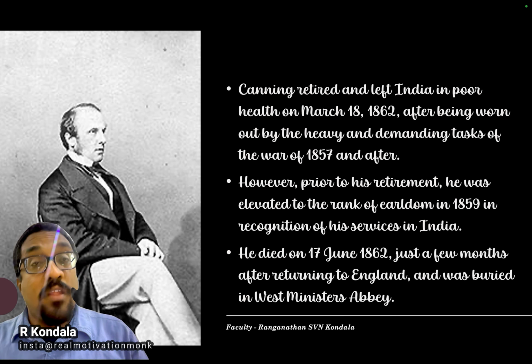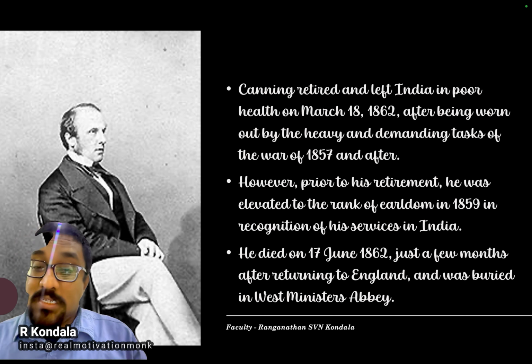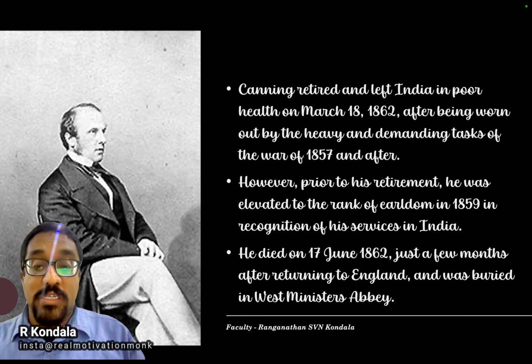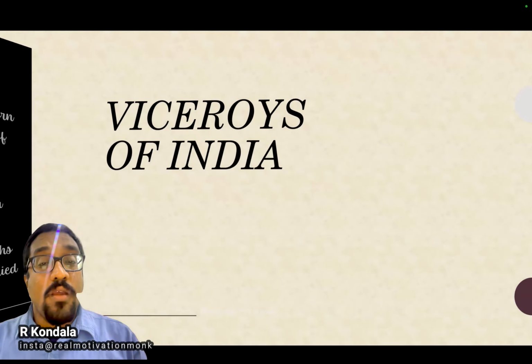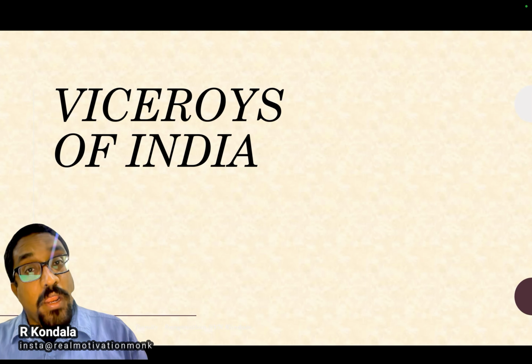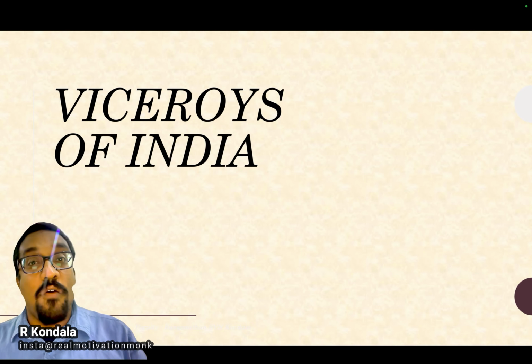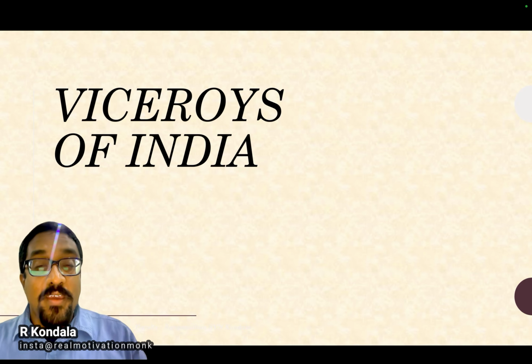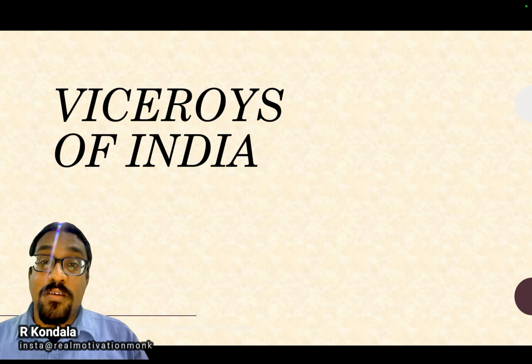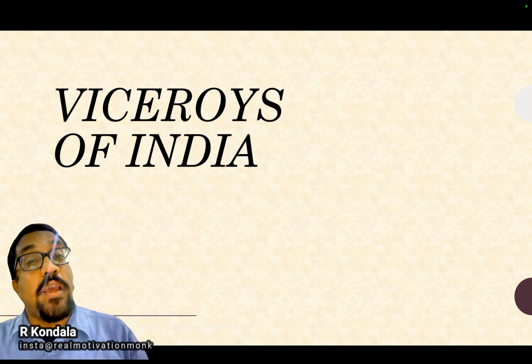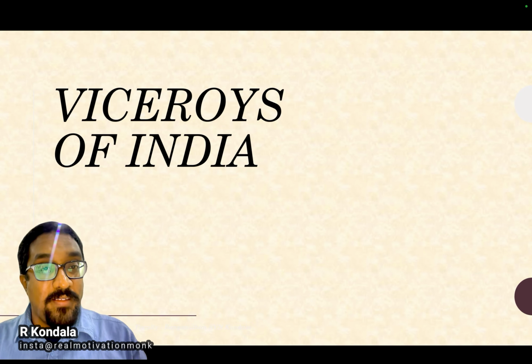Canning died on 17th of June 1862, just a few months after returning to England, and was buried in Westminster Abbey. When we observe the Viceroys of India, Canning is the man who actually laid the foundation of Viceroy's rule in India. Canning created policies and administrative models on which the subsequent Viceroys like Elgin started building.